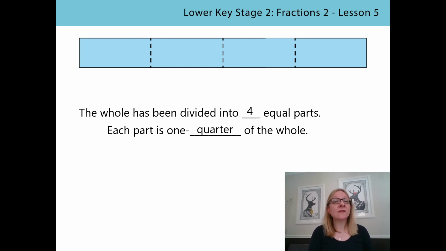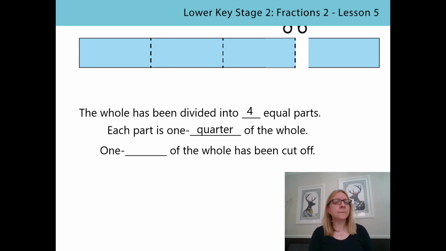Can we say those 2 sentences now together? The whole has been divided into 4 equal parts. Each part is 1/4 of the whole. Now look at what happens next. Can you explain that using this sentence? Have a go. One of the whole has been cut off.